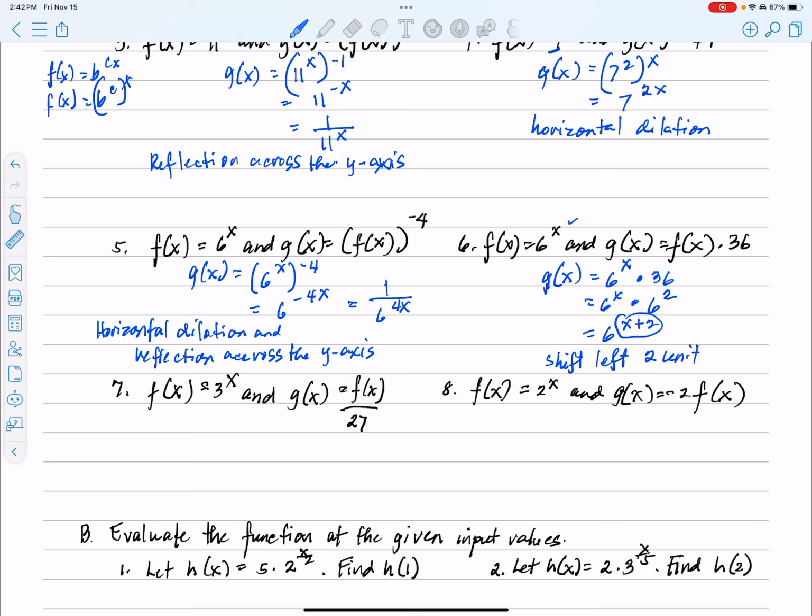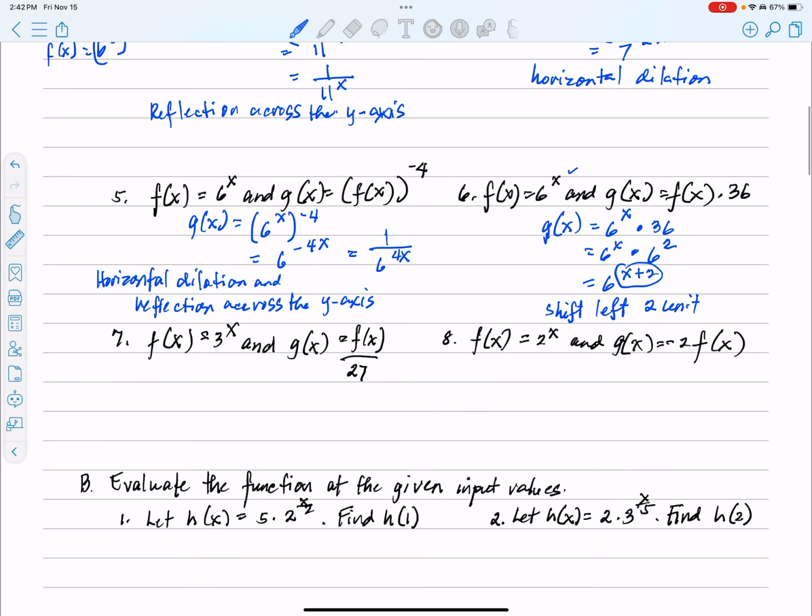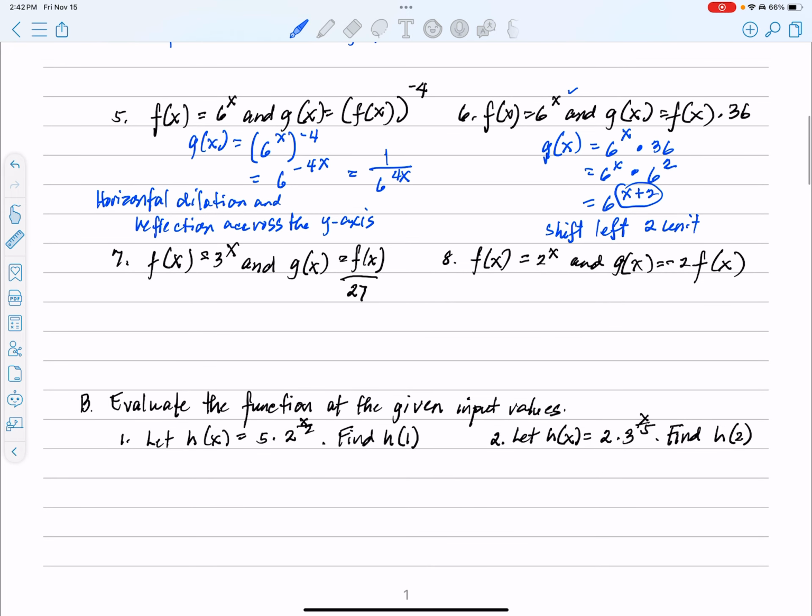Okay, let f of x equal 3 to the power of x, and g of x equals f of x over 27. So we're going to rewrite g of x equals f of x, which is 3 to the power of x, over 27.